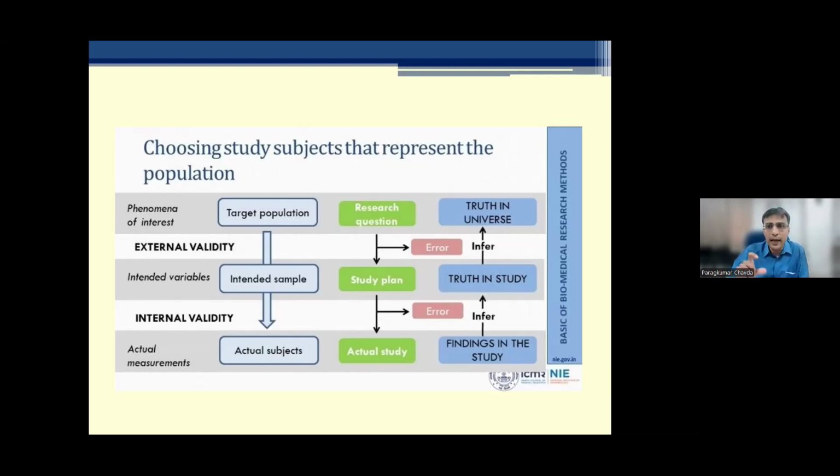When there is an error or some bias in this, we say the internal validity is in question, and that's a potential error. So these concepts help us reduce the amount of bias or error in the external validity and internal validity. Those were the concepts which help us keep our study sample more robust.